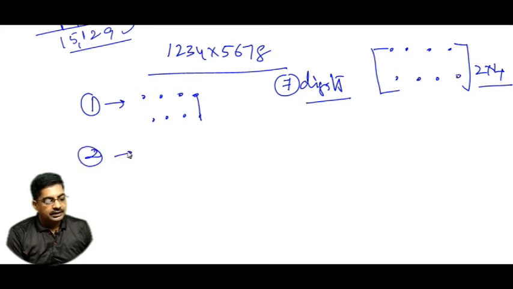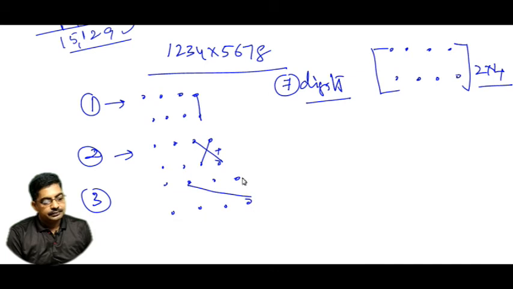The second digit will come by multiplying, by increasing crosswise and add. And then the third digit will come by further increasing crosswise and vertically in this fashion, multiplying and adding them all.